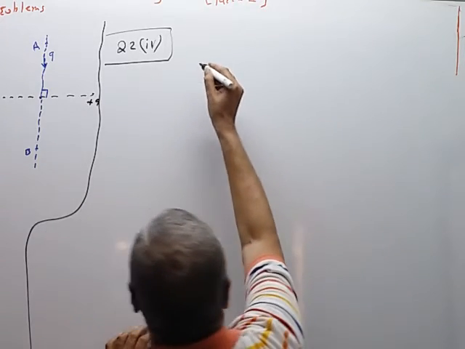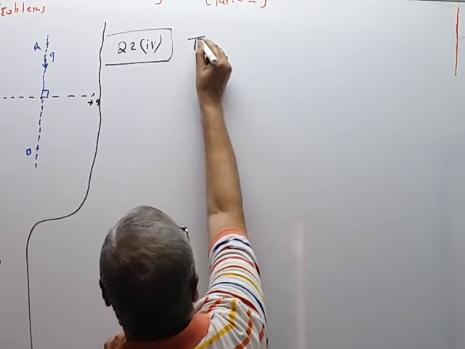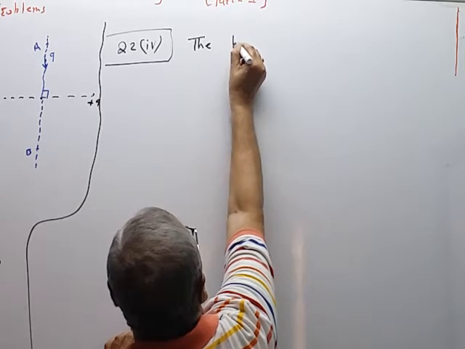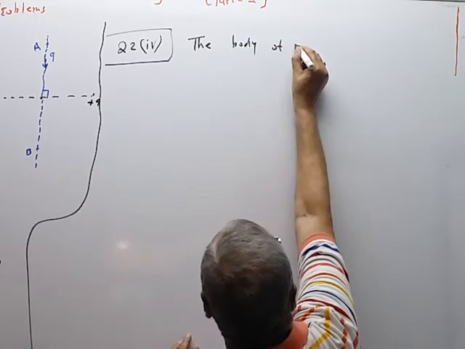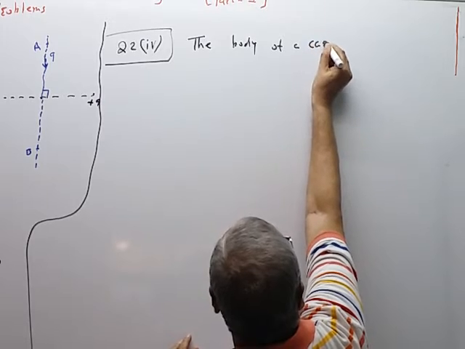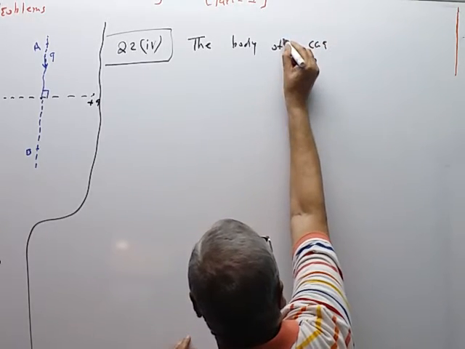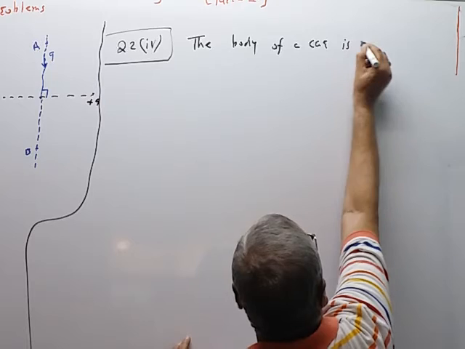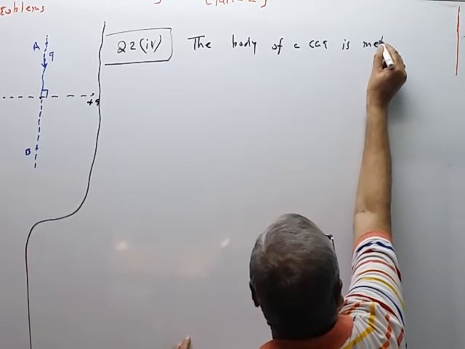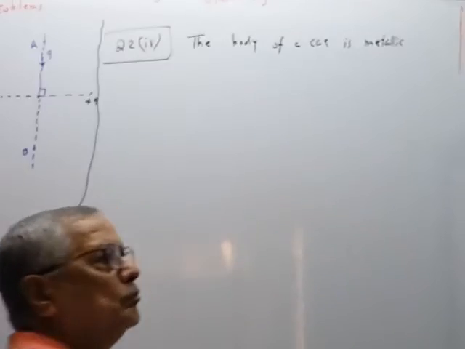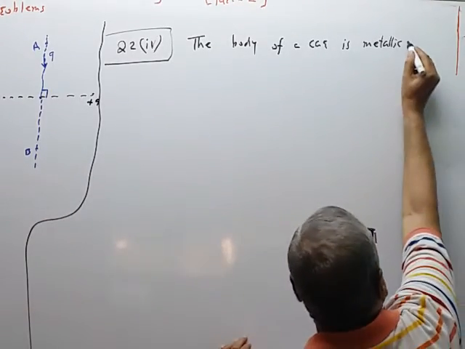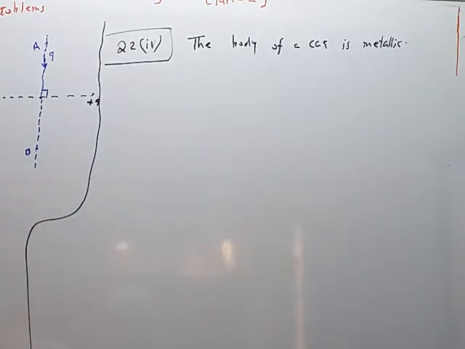The reason is like this. Justify your reason means you have to write the expression. The body of a car is metallic. Metal is a good conductor. The body is made from metal.